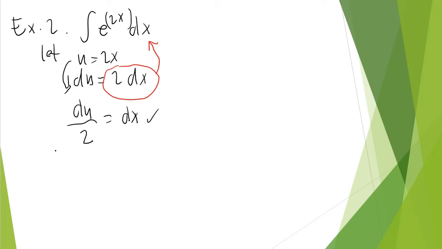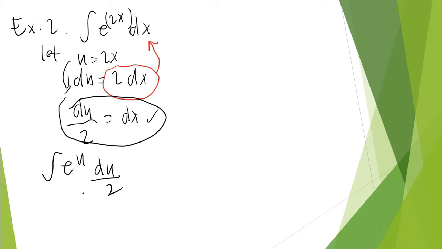Next step is we rewrite the original function or the given as e raised to u du over 2. Yung du over 2 ay galing dito, no? Sa nakuha natin. Okay? So, again, we rewrite kasi ito pwede nating isulat as 1/2 times e to the u du.